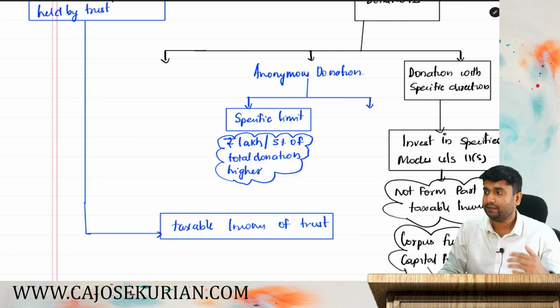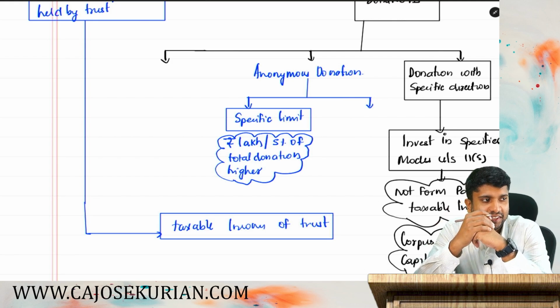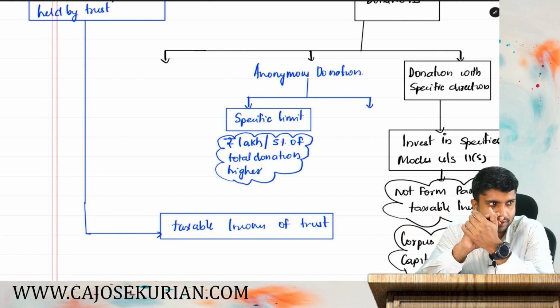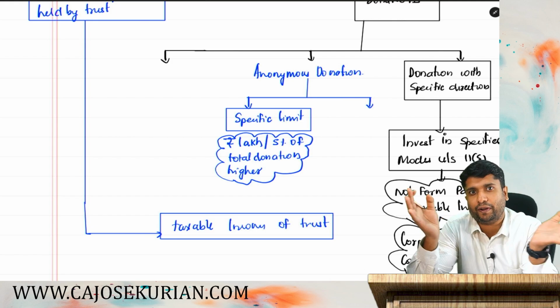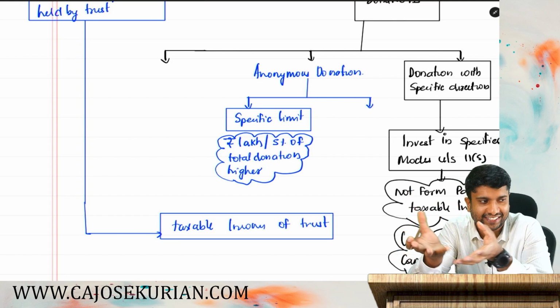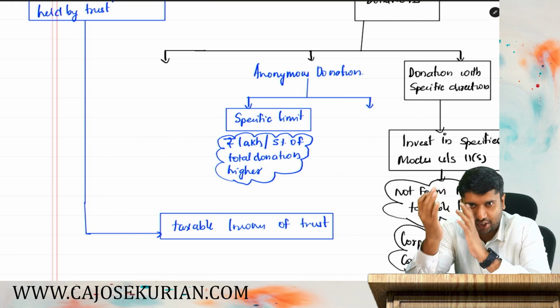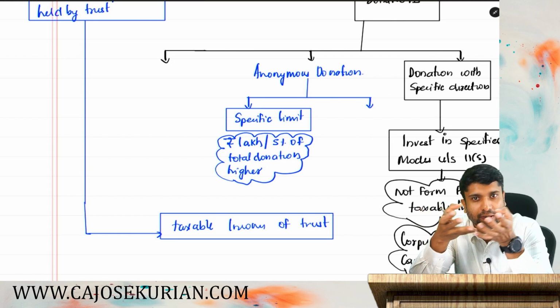So if you are getting some anonymous donation, first of all, what do you mean by anonymous donation? The donor doesn't want his name to come in any records. I know the donor, okay. It's not like one fine day I opened my door and saw a box full of cash. That is too dramatic, okay. The donor doesn't want his name to come in my records.